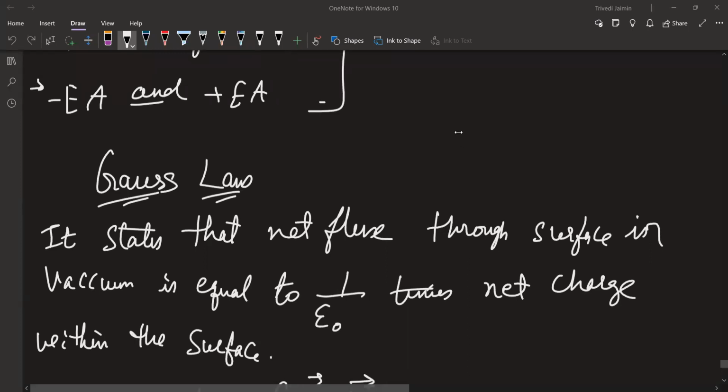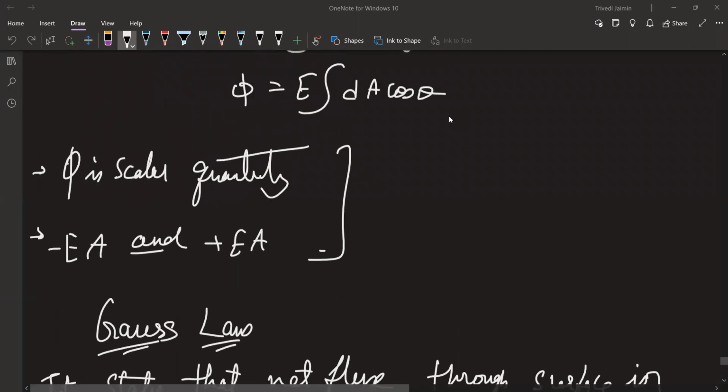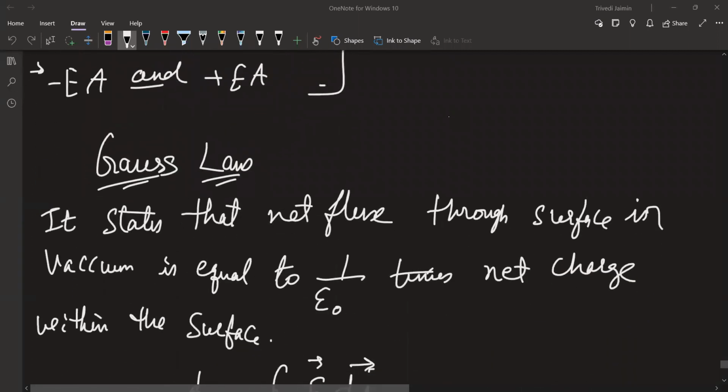Separation of positive and negative charges, sir. Yeah. So it can be like a dipole. If I have both positive, will it be a dipole? Or if I have both negative, will it be a dipole?